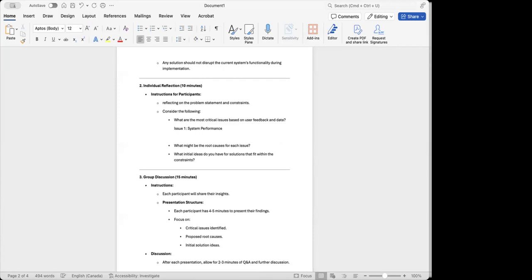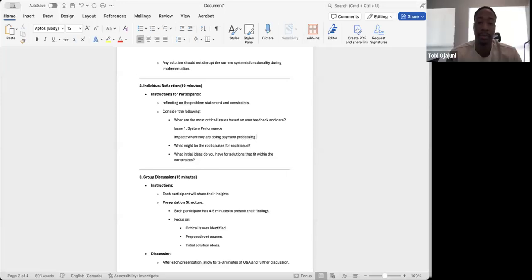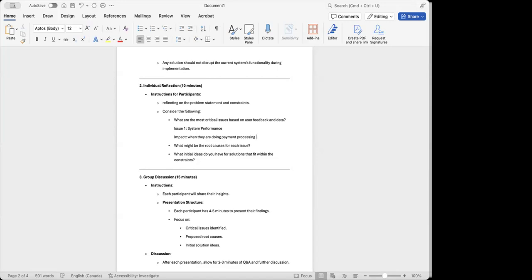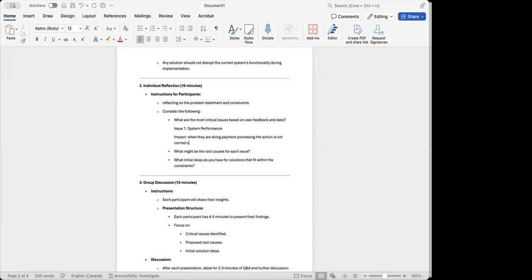Yeah, the system, they face poor system performance when doing registration as well as when they're doing payment processing. So when they're doing payment processing, what happens? The action is not carried out well due to the low system performance. Poor system performance or bad system performance.